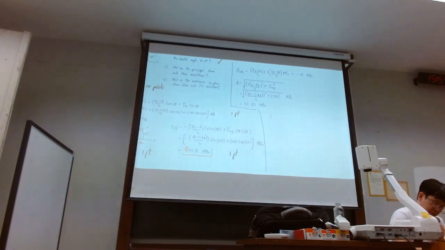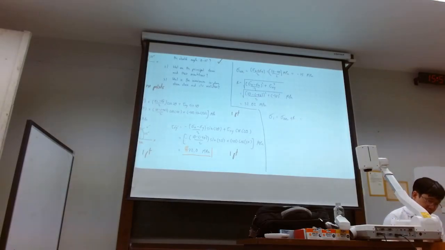It means that right now, sigma 1, we already have the answer: sigma average plus the R. That means you have minus 15 plus 32, so that's 17.02 MPa.